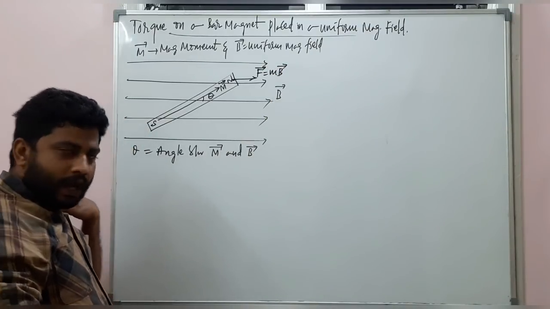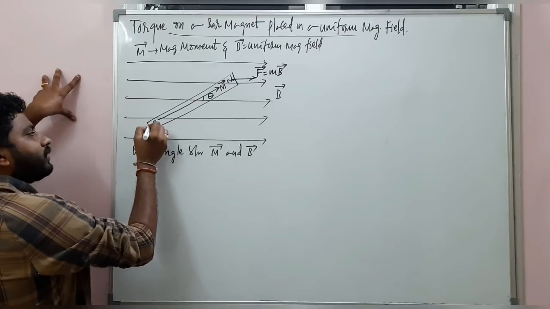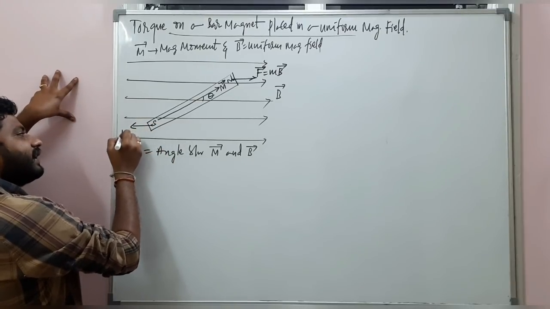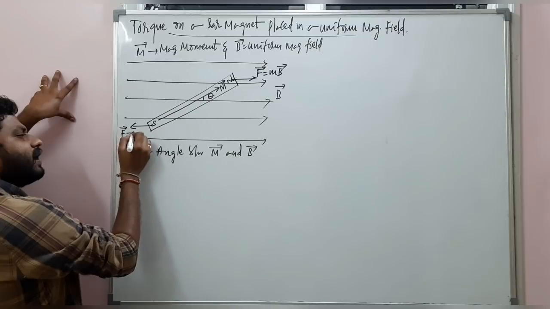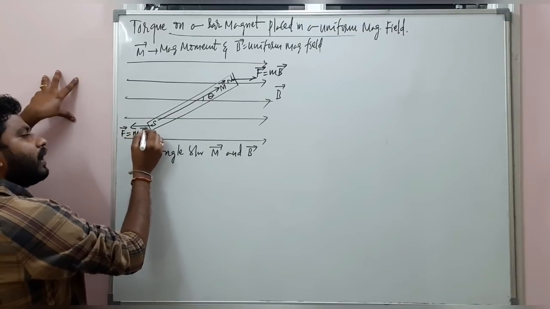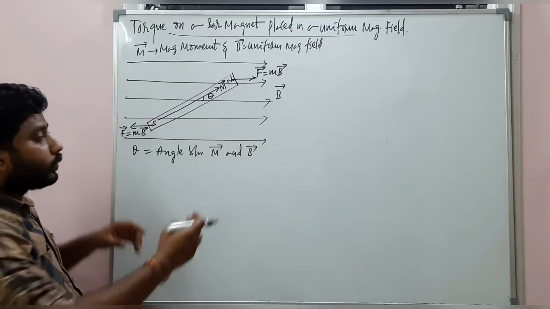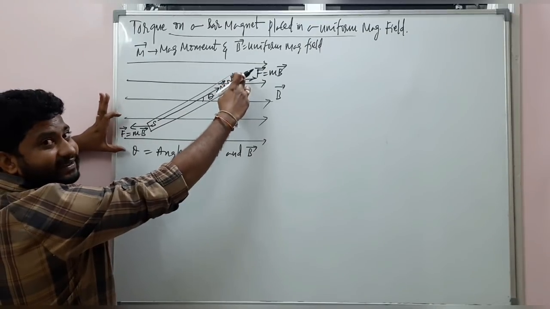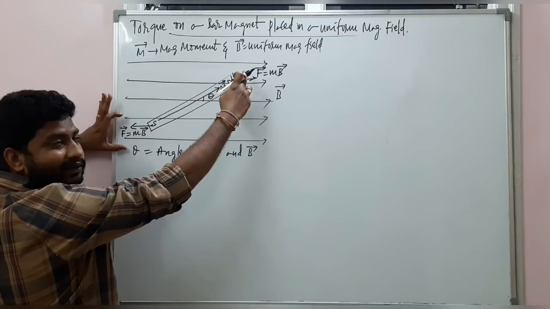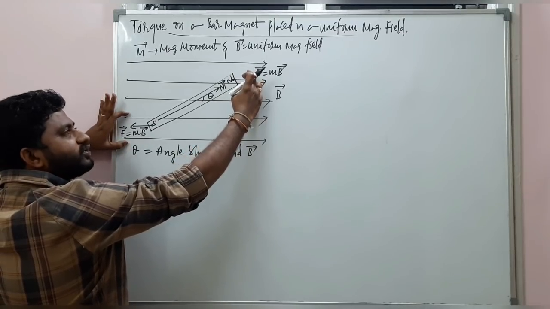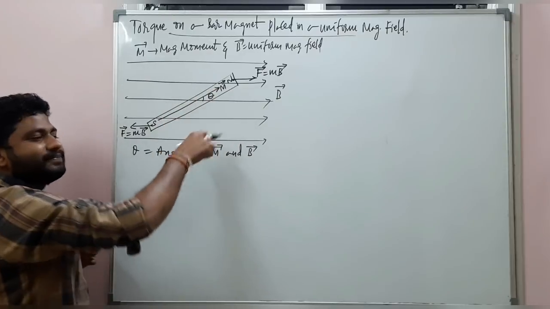Okay. And this north pole will attract the south pole in this direction with the same force F bar equal to MB bar. Two equal forces acting in this direction. Alright? Two equal and opposite forces acting on this bar magnet.